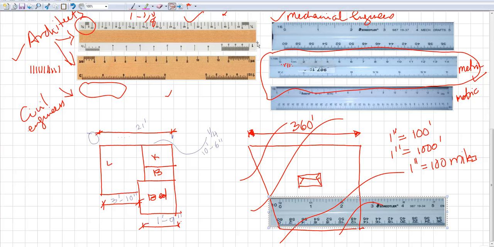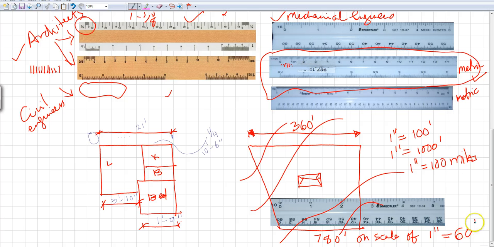So this distance is going to be 780 feet on the scale of 1 inch is equal to 60 feet, right? So I hope you understood that.